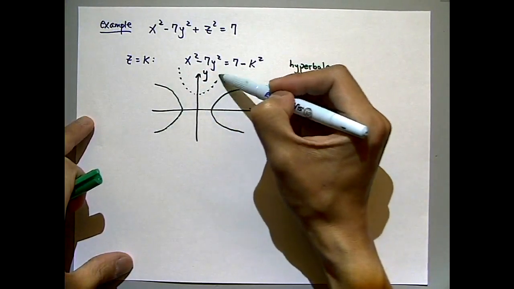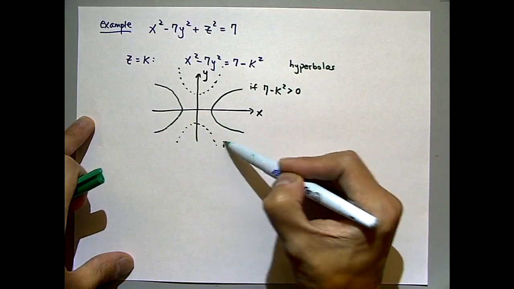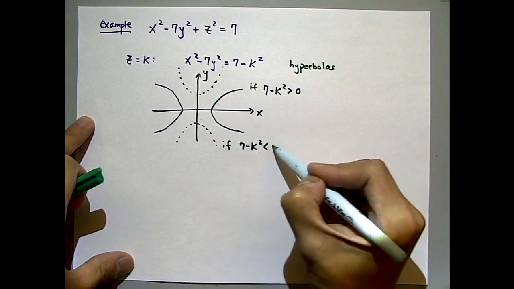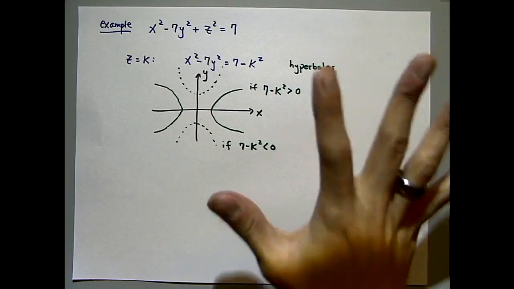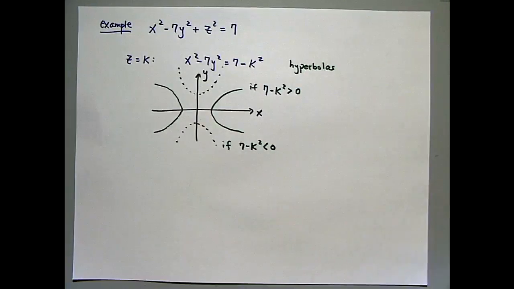So if 7 minus k squared is negative, then we get a bunch of those things. That's already going to be a little complicated when we get to sketch this thing. But let's just leave that for now, and look at what the other perspectives tell us before we worry about that situation.